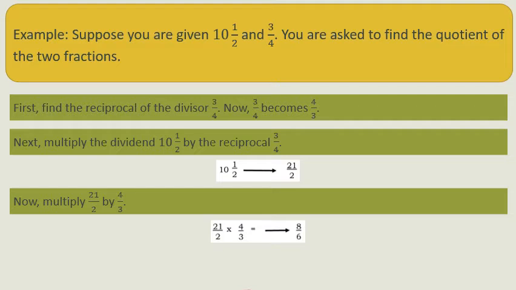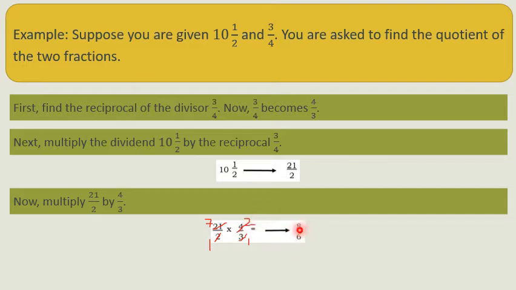Cancel lang naman to. Ang 21 at 3, ang common factor is 3. So, 3 divided by 3 is 1. 21 divided by 3 is 7. Then, yung 2 at 4, ang common factor niya is 2. So, 2 divided by 2 is 1. 4 divided by 2 is 2. So, 7 times 2.